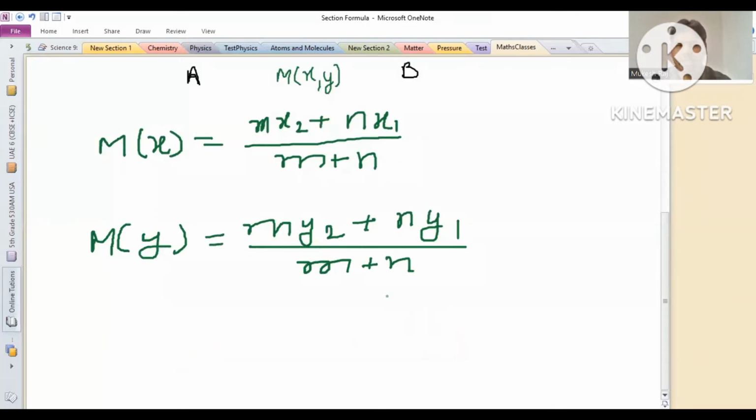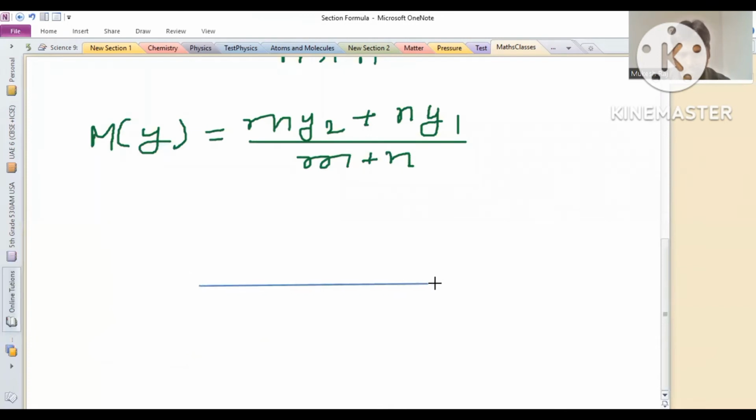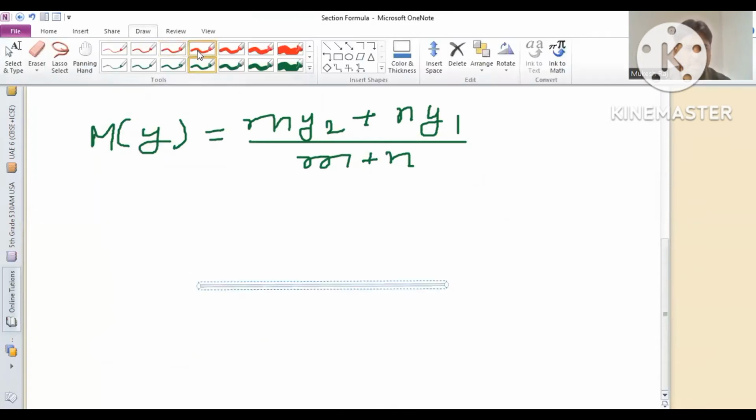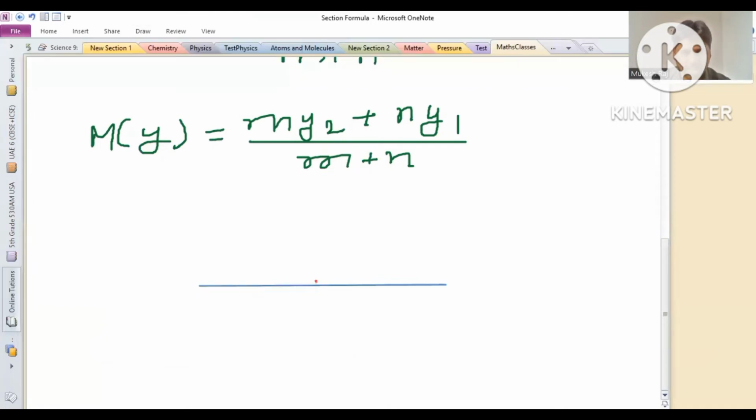There is a special case related to this. The special case says, what if the line segment is divided exactly into two equal halves? Suppose this is the line segment AB. Once again, I am taking the same nomenclature so that it makes sense and you would be able to understand this in a proper way.